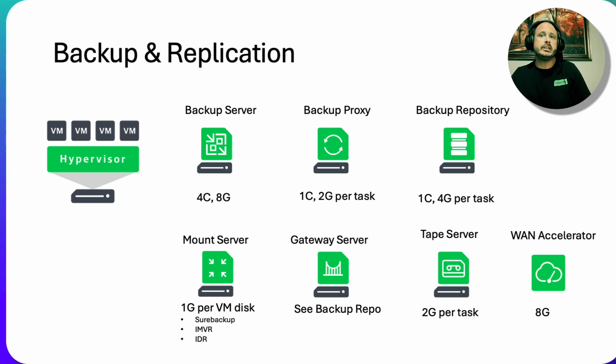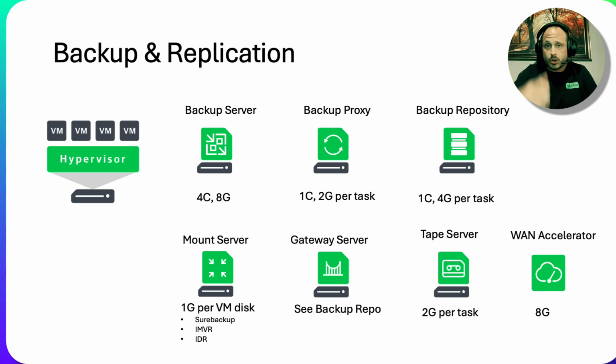That Windows machine needs around 4 cores and 8 gigs of RAM to get started. That's not the minimum. I believe the minimum is 2 cores, but I really recommend that you start with 4 cores and 8 gigs of RAM. If someone asks me to size a VBR server without any information on the environment as far as size and scope, that is usually where we start.